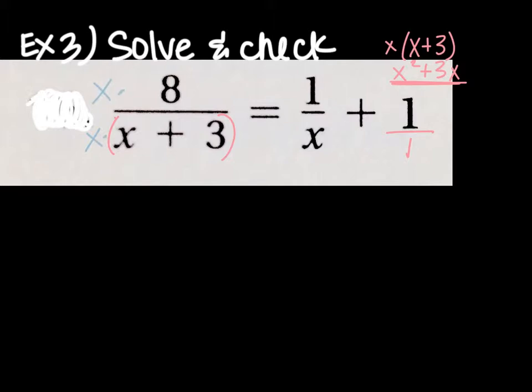Whatever you do to the denominator, you have to do to the numerator. And then multiply the other one, multiply x by x plus 3. Whatever you do to the denominator, you have to do to the numerator. And then the 1, you have to multiply by the common denominator.